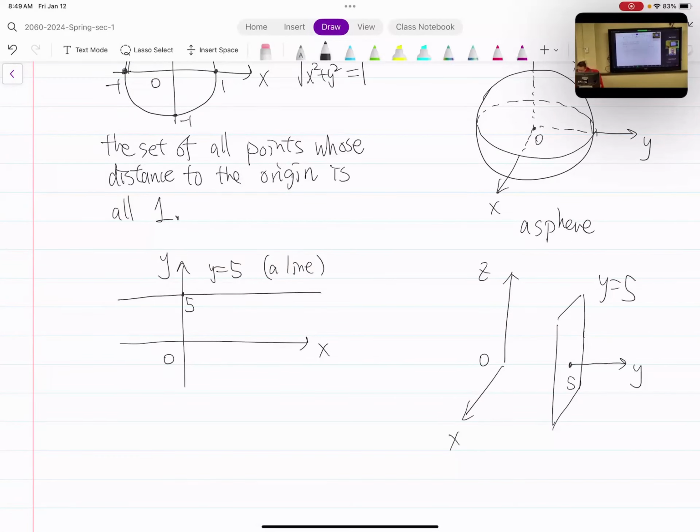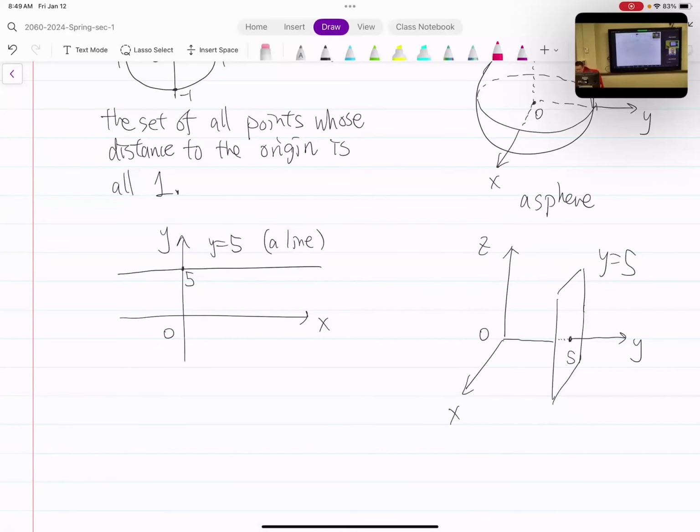So on the y-axis you have the same intercept. Should dash right here. Now here, although I have drawn a rectangle, the idea is that this is definitely going to be infinite because this is a plane.